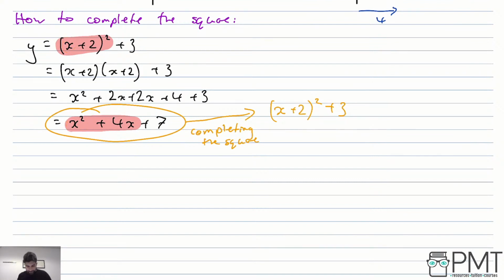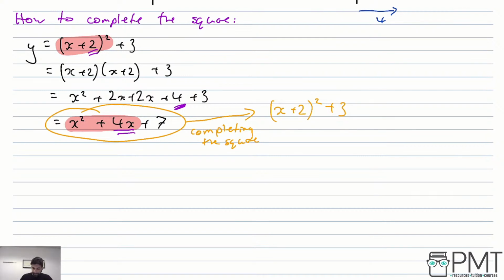And to find 4x, the key point to remember is that you are always going to double the second term in the square. So that's the first point to remember. And then to get 4, 4 is the square of the 2 because you're multiplying the two of them.